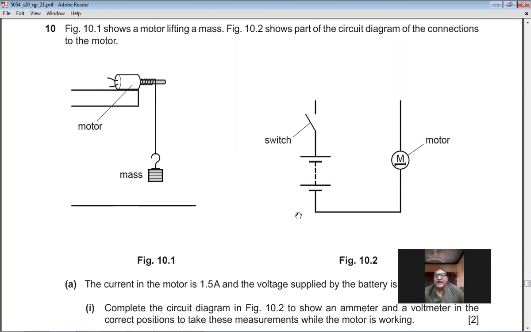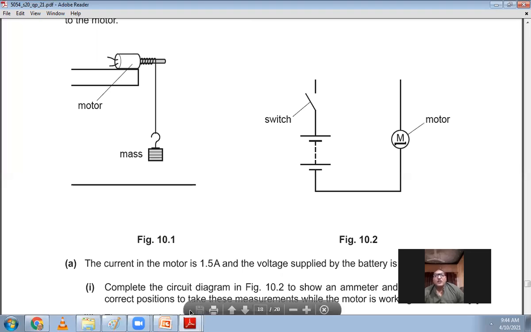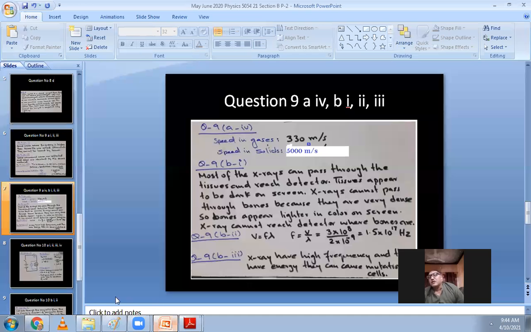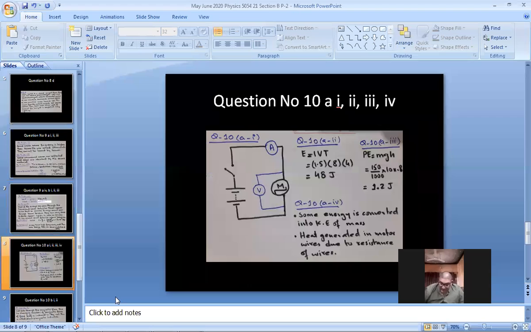So in this diagram 10.2, we have to put an ammeter and also a voltmeter. An ammeter is always connected in series with the motor and a voltmeter is always connected in parallel to the motor. I've done this diagram. Let me show you the diagram I have done. So here we go.